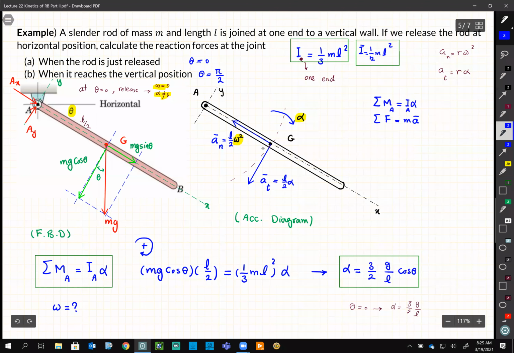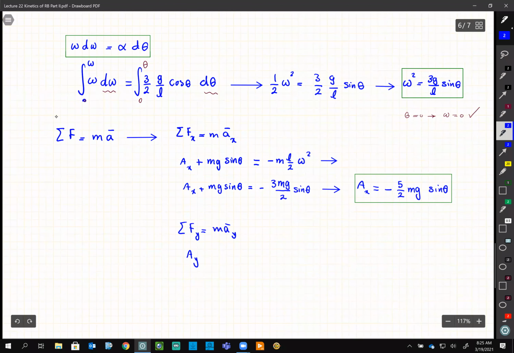And then the acceleration seems to be positive, in the direction of y. Okay, so again, whatever we will see in the y direction: Ay minus mg cosine theta, right, is equal to minus m L over 2 alpha. And you guys are responsible for checking my calculation, that I haven't missed anything.